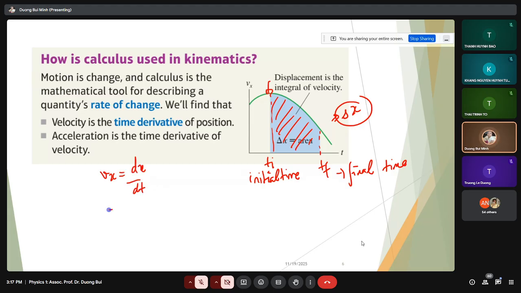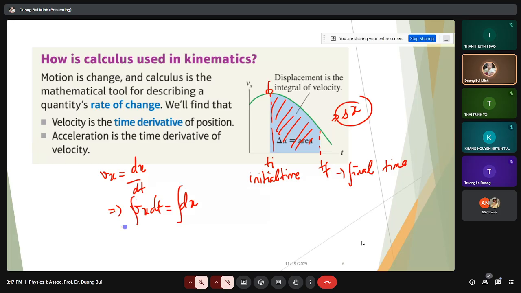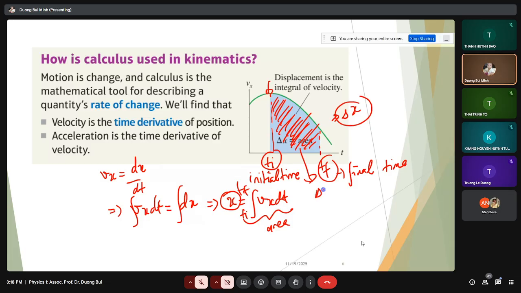If we modify it a little bit, you get Vx times dt equals dx, and then I take the integration. The integration of dx gives x, which equals the integration of Vx dt. This is an area, right? The integration of Vx from Ti to Tf gives these areas, so this area is the distance.